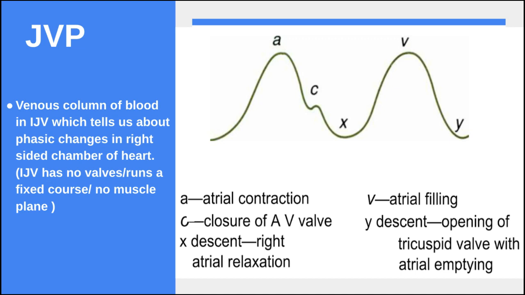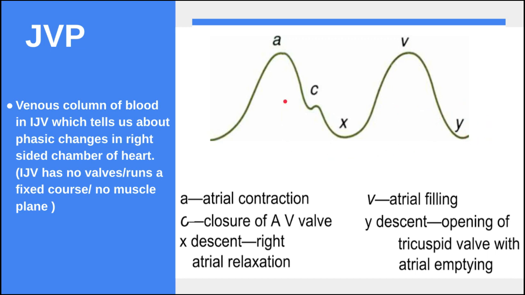So JVP is a reflection of pressure changes in the right side of the heart, and arterial pulse is a reflection of pressure changes in the left side of the heart. Right side JVP, left side arterial pulse. So normal JVP has three waves A, C, and V, and two descents, X descent and Y descent.